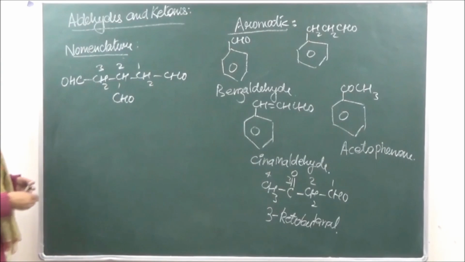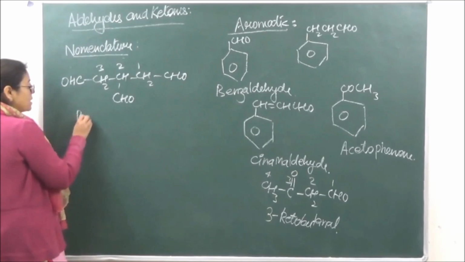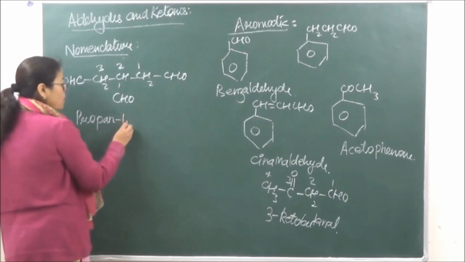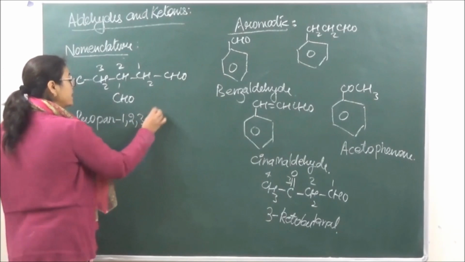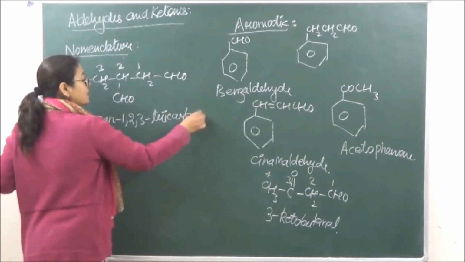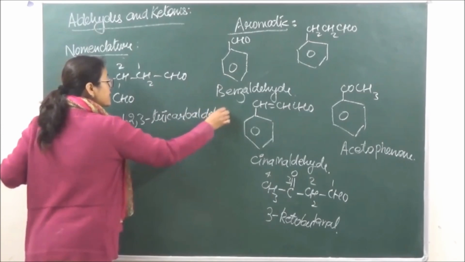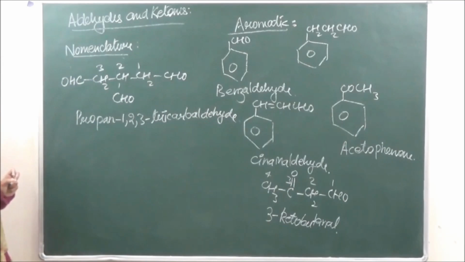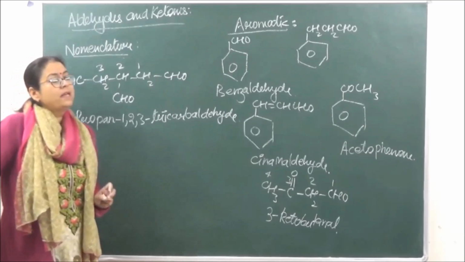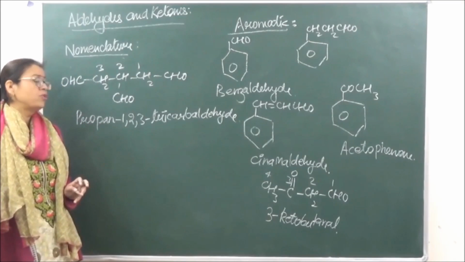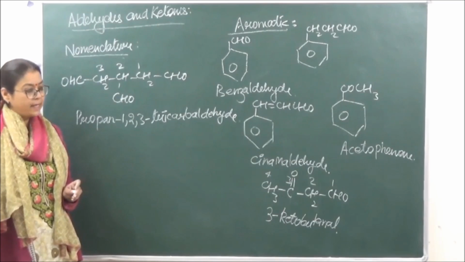And we name it as propane-1,2,3-tricarbaldehyde. We cannot take it as -al over here because we are not including its carbons in the parent chain. So this is going to be known as propane-1,2,3-tricarbaldehyde.